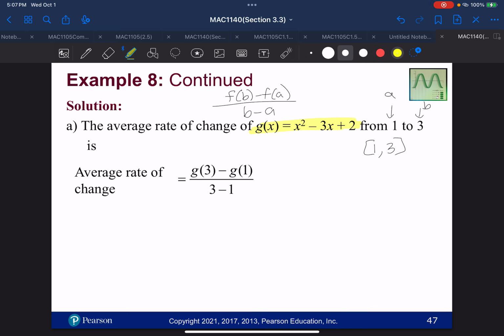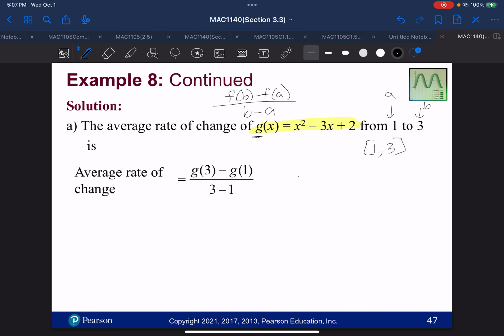So b is 3, and a is 1. And f of b would be g of 3, because in this case our function is called g, so just don't let that f confuse you. But g of 3 minus g of 1.